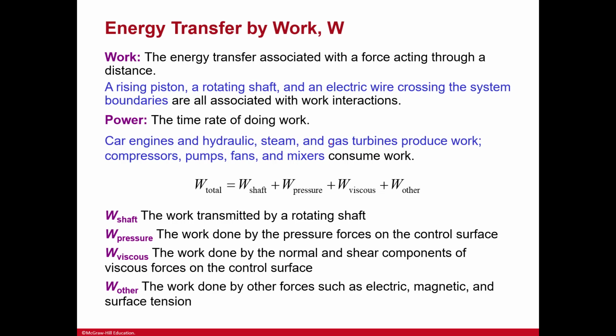Power is the time rate of doing work. So if you are generating power, it's because you are using a mechanical device, piston, rotating shaft, things like that, to construct energy. So that's your power. Okay? And then you have, just notes here, shaft work, pressure work, viscous work, and then other work, electric, magnetic.